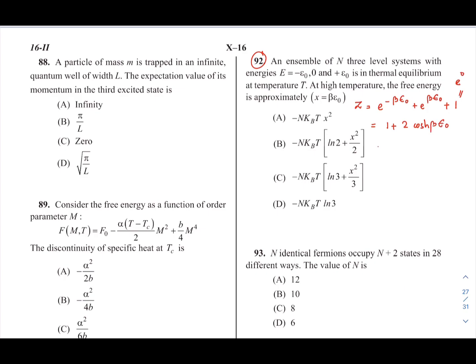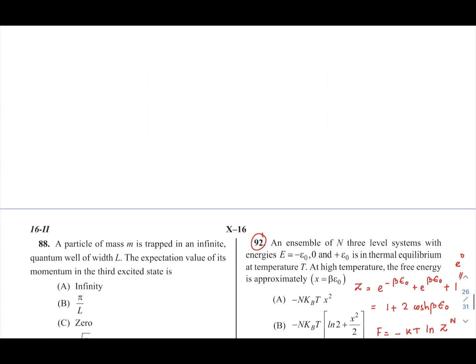Now the free energy is defined as F is equal to minus kT ln Z to the n, since we have n particles, and this is minus kT n log of 1 plus 2 cosh of beta epsilon naught. So we have to expand this. Note that cosh x, where x is beta epsilon naught, has the series expansion 1 plus x squared by 2 plus other terms.